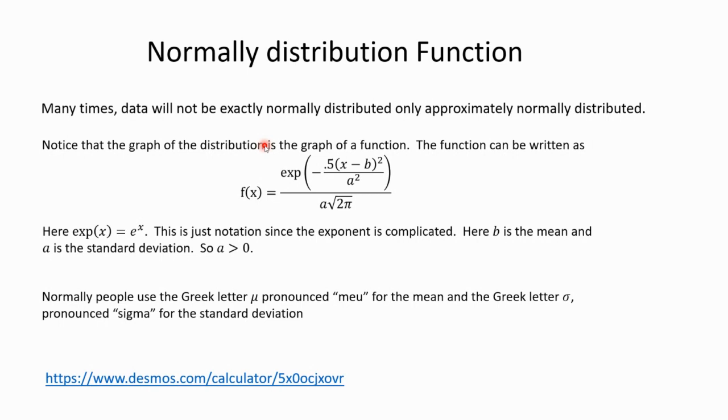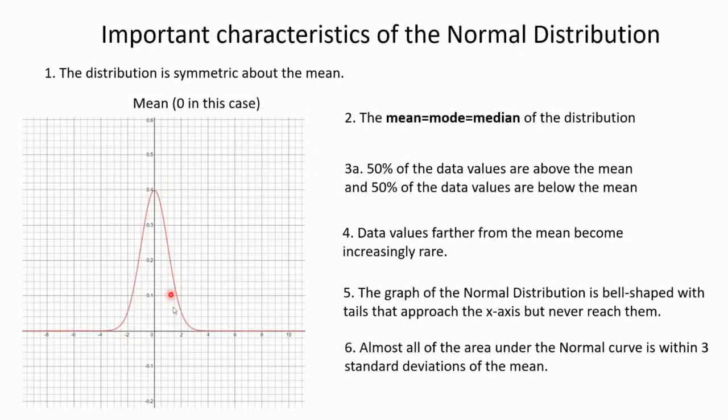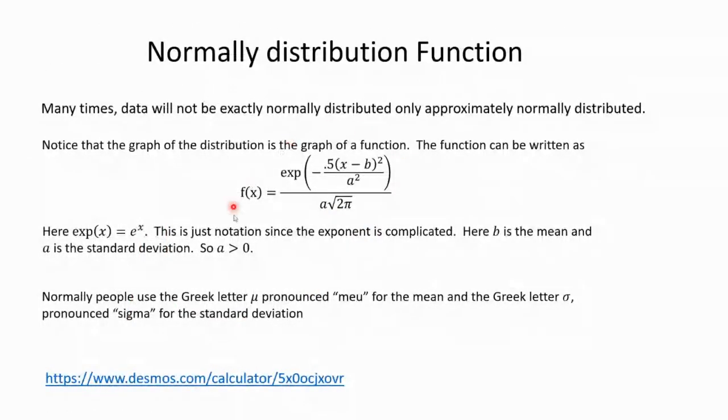And I also said you can actually use a curve to approximate the distribution of the variable. Well, with a curve, you can get a formula usually. In other words, this curve, which gives us the distribution of the data, is actually given by a formula. This is the formula. And no, you're not going to have to work with this in this class. Don't worry. I know this is kind of nasty looking.